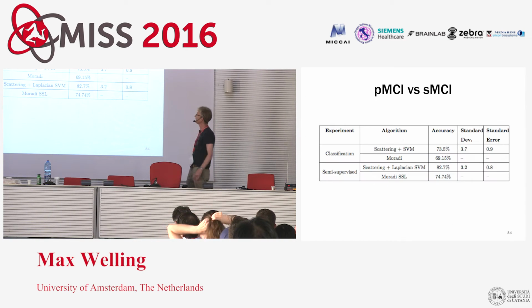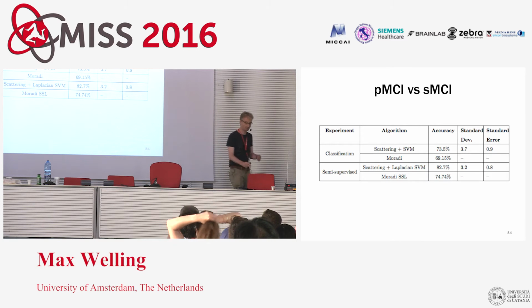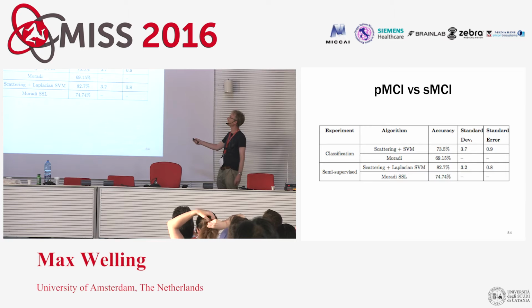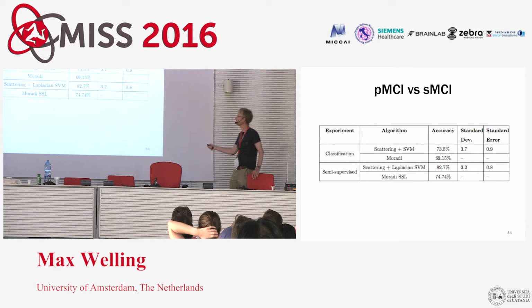And then we did maybe a more challenging experiment where we found that these guys had state of the art, which was trying to classify progressive MCI, mild cognitive impairment, versus stable MCI. So I guess these people actually develop Alzheimer's and these stay in the MCI phase. Again, we used scattering plus an SVM.